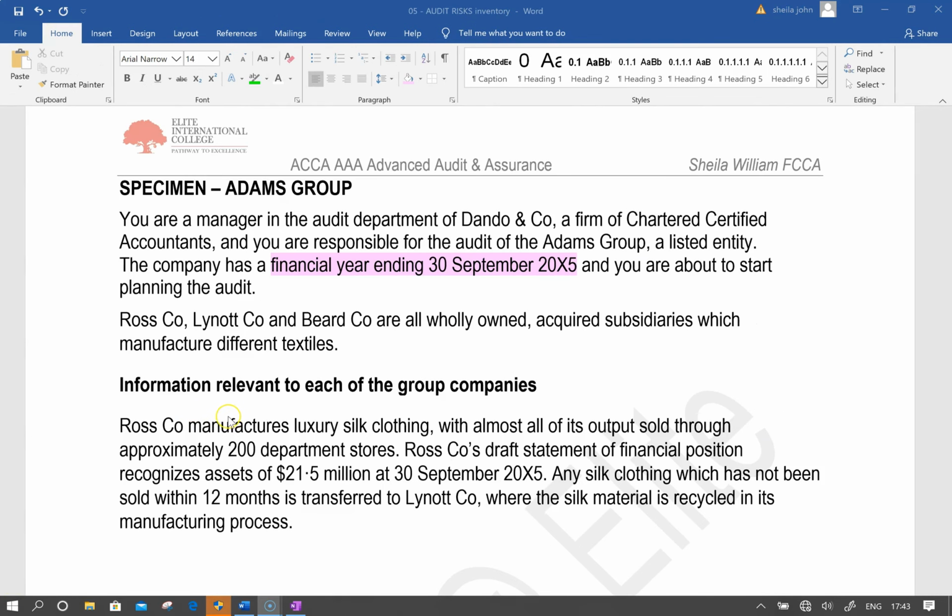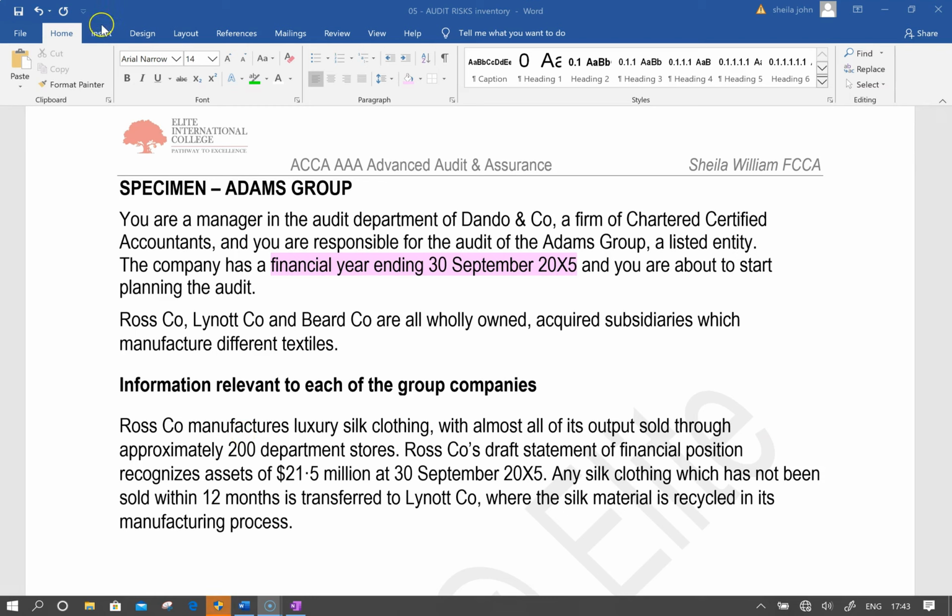Remember, we're only focusing on inventory. So it says here you're a manager and you're responsible for the audit of Adams, a listed entity. And the company has got a year end of 30th September. Ross, Lynott, and Beard are all wholly owned, acquired subsidiaries which manufacture different textiles.